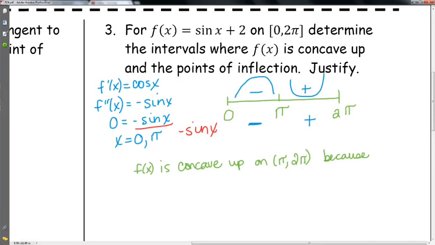Because, and so here's our justify. What we used was the sine chart. We used the idea that f double prime was positive, and so that's going to be part of my justification, because f double prime, or the second derivative, is positive.